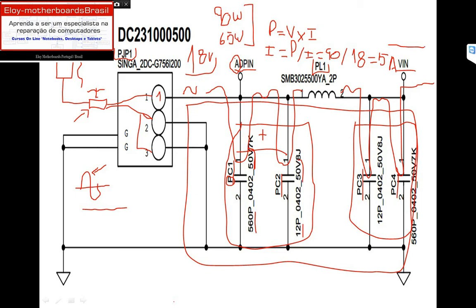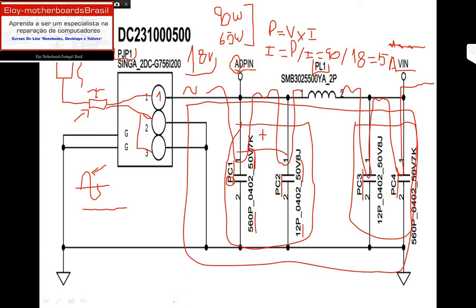So we will have this VIN voltage as a straight line on our oscilloscope. If you measure here with your oscilloscope and you see some noise, we call it electrical noise, when you measure and you see some peaks, some distortions on the line, something like this, this is called dirt, this is called noise.